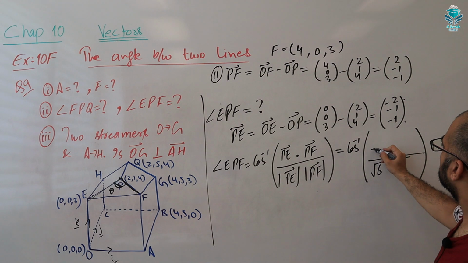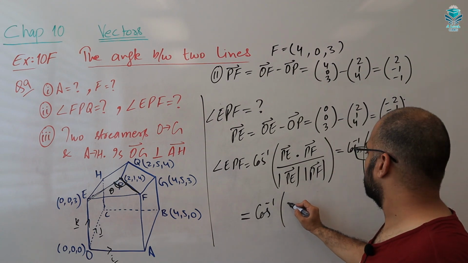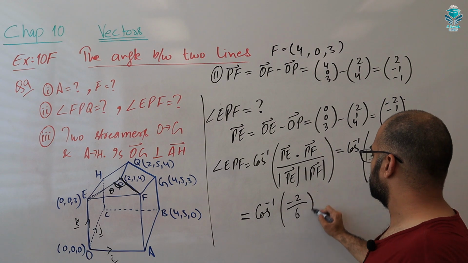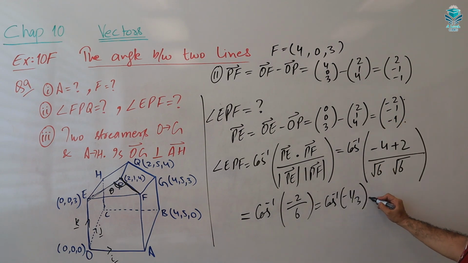Take dot product, you have cos inverse of minus 2 and minus 1 by 3, means cos inverse of minus 1 by 3 is 109.471 degree. This is your answer.